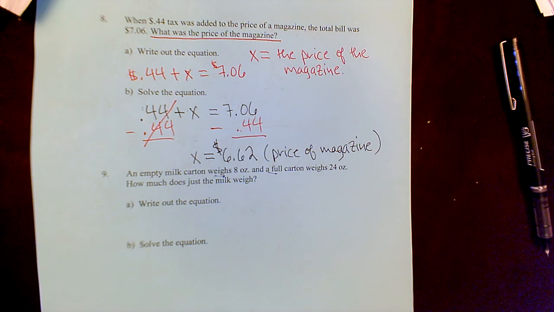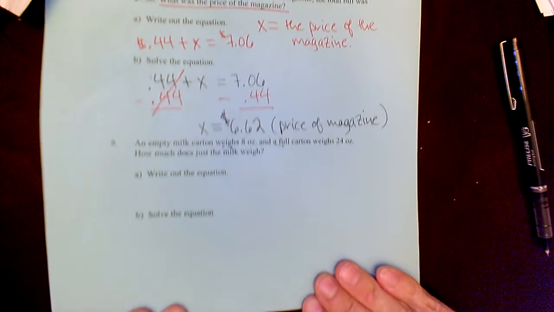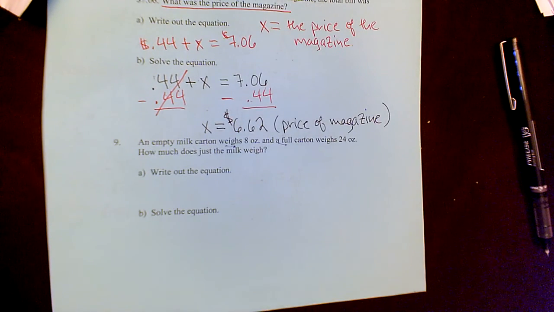So why don't you pause and try number 9 and come back, and when you come back, I'll have the equation written out and I'll solve it, and we'll see if you can get the right answer about the problem with the empty milk carton. So I'm going to pause and then come back.